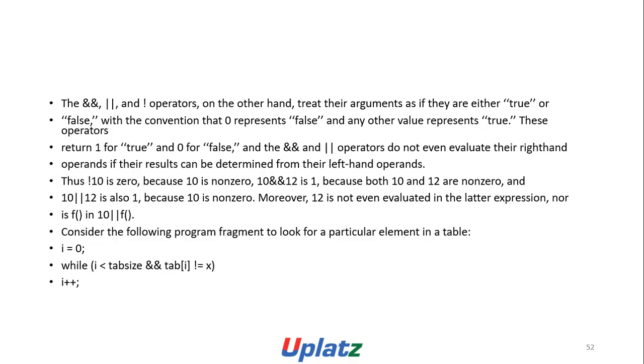Thus, !10 is 0 because 10 is non-zero, 10 && 12 is 1 because both 10 and 12 are non-zero, and 10 || 12 is 1 because 10 is non-zero. Moreover, 12 is not even evaluated in the latter expression.